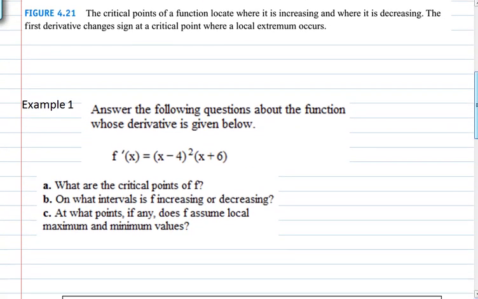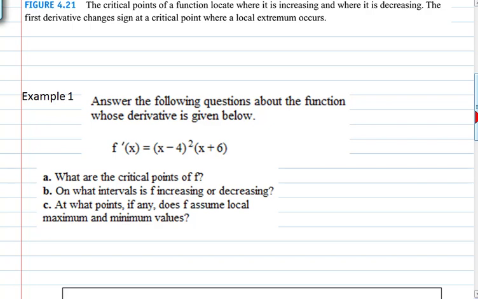Good question. Example 1. Answer the following questions about the function whose derivative is given below. Here's the derivative. What are the critical points of this function? Critical points, remember, occur where the derivative is either equal to 0 or undefined.